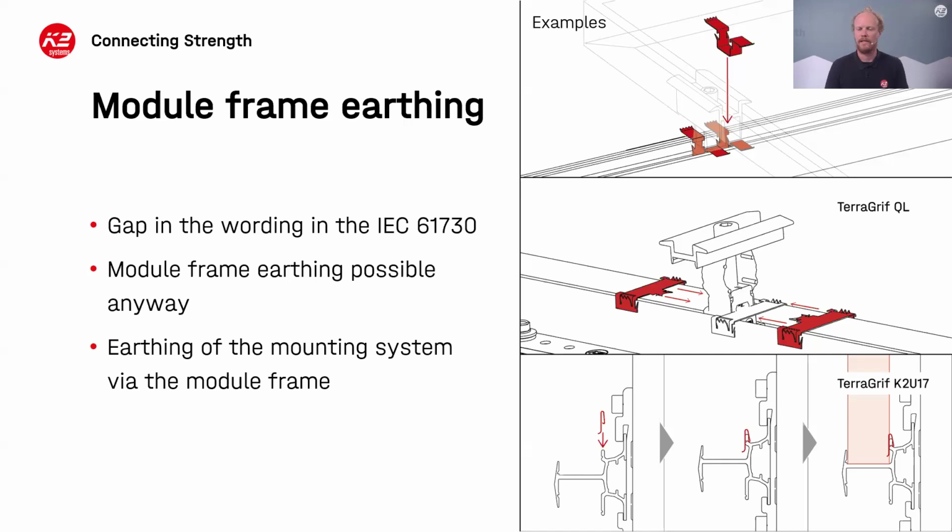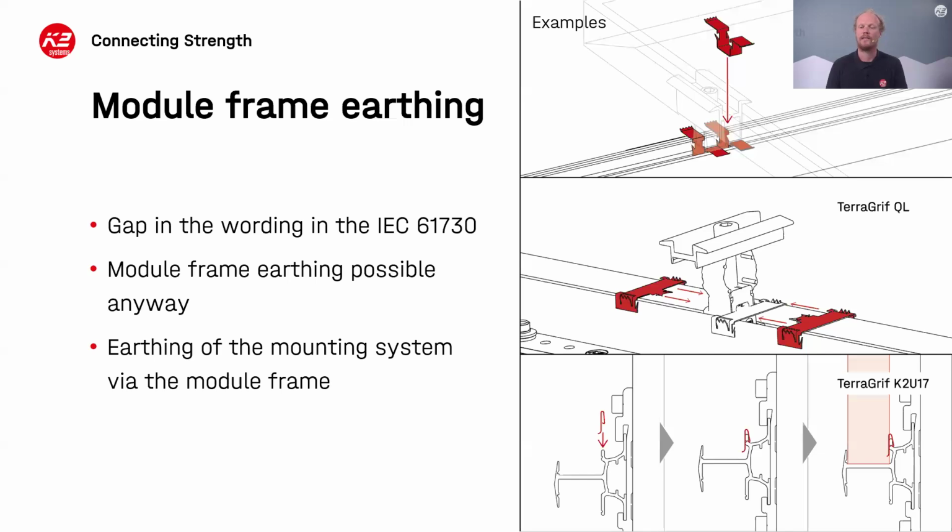However, the International Electrotechnical Commission, the IEC, states that the frame of the module is not actually part of the electrical protection, and it is merely a supporting or auxiliary component to the PV generation.